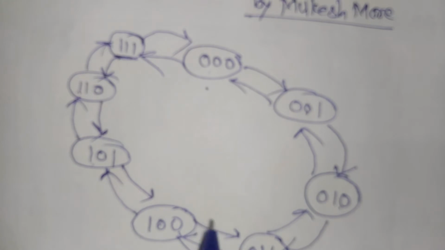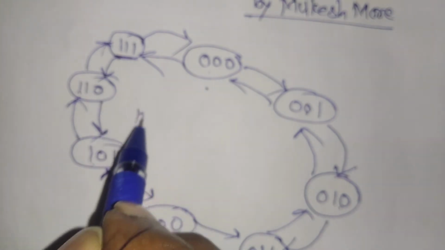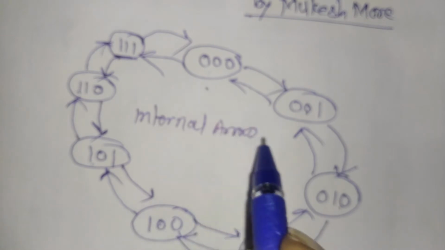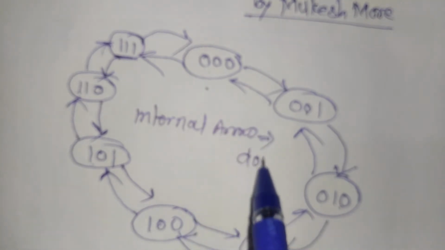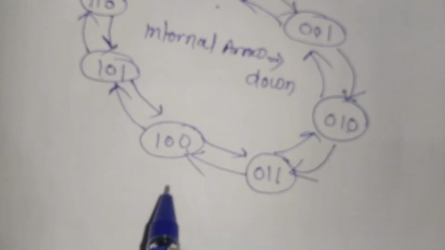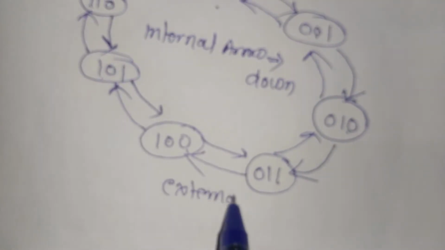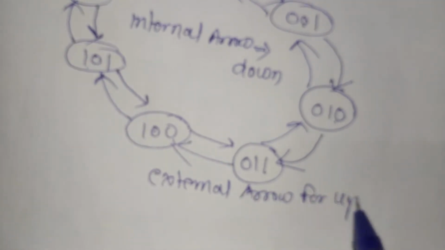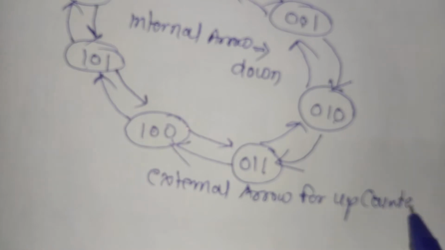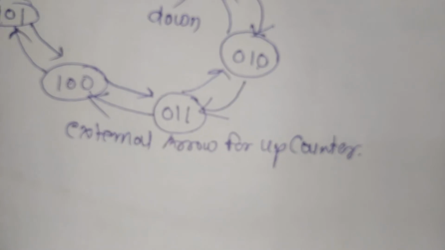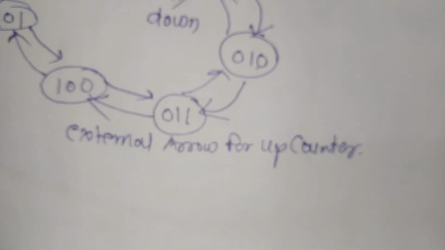So, you can see internal arrows are for the down counter, and external arrows for the up counter, and these are the states of the up and down counter.